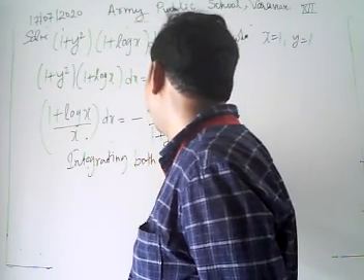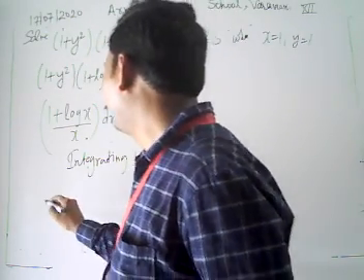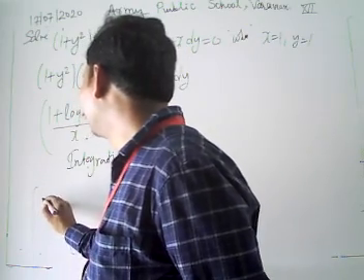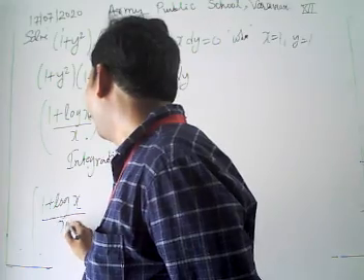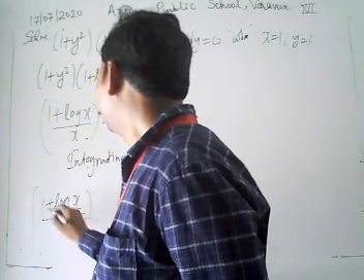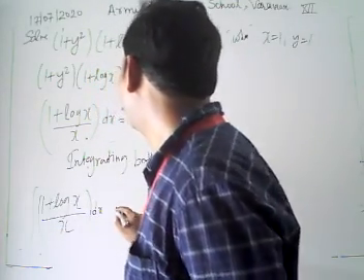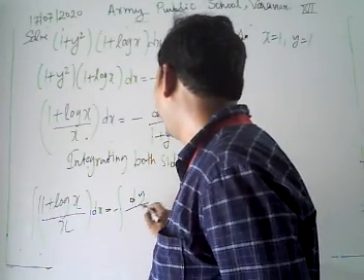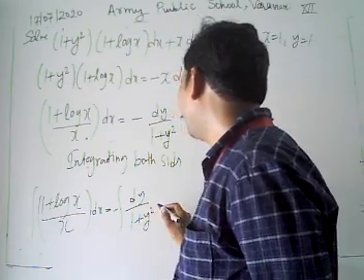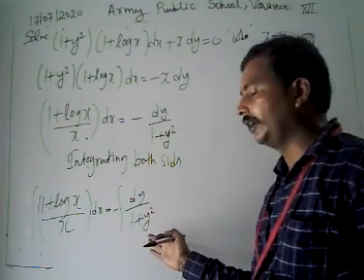Now we integrate 1 plus log x by x dx is equal to minus dy by 1 plus y square. The integration of the right side is tan inverse y.